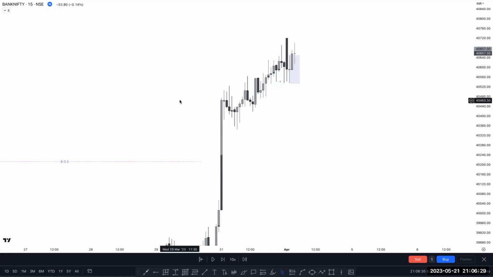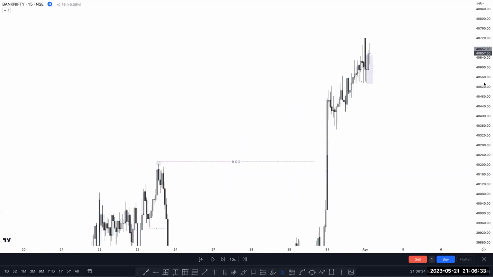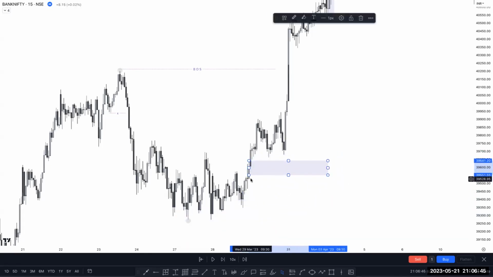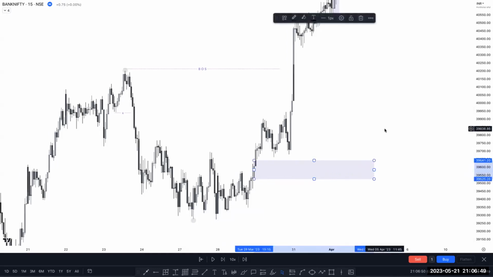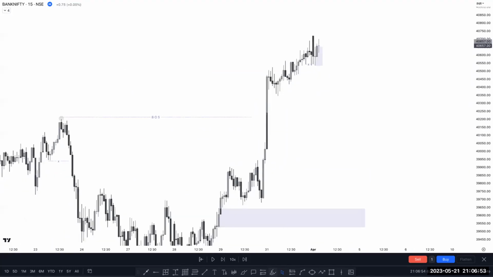This is our decisional entry because only after taking out the inducement do you buy here based on a single candle order block, and now you buy on this one also, and here this is the extreme. After taking out this high and the inducement, our higher low is confirmed here, so simply you can buy here.